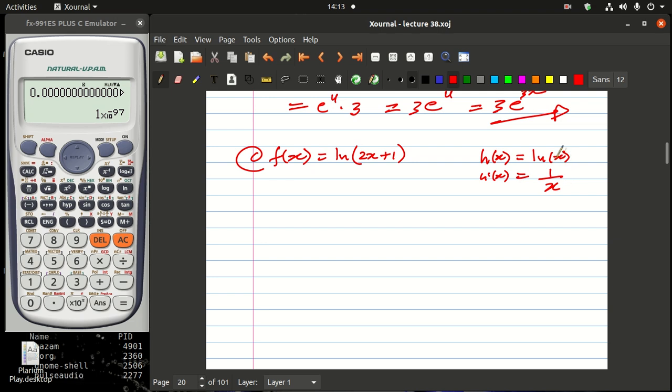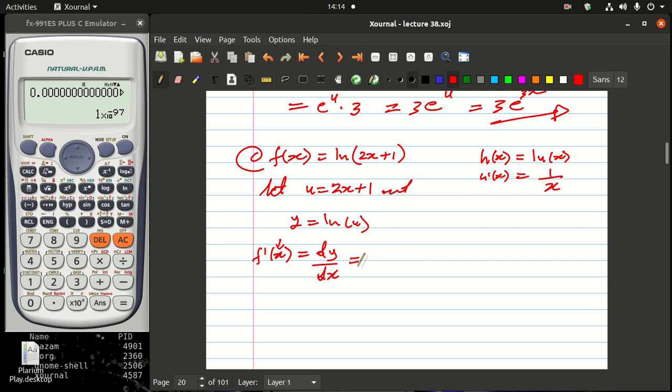But now, instead of having an x, I have a function. So I am going to let u be that function here, which is just 2x plus 1, and my y is going to be ln of what is inside. I'm replacing it by u, so that my f prime of x is going to be dy dx, because the independent variable is x.